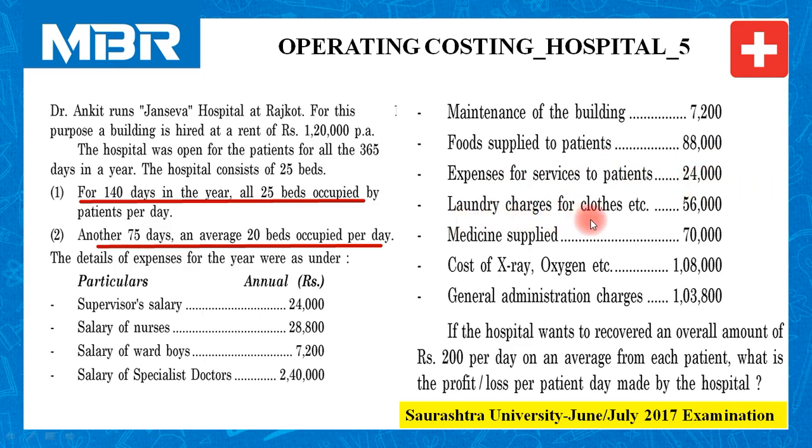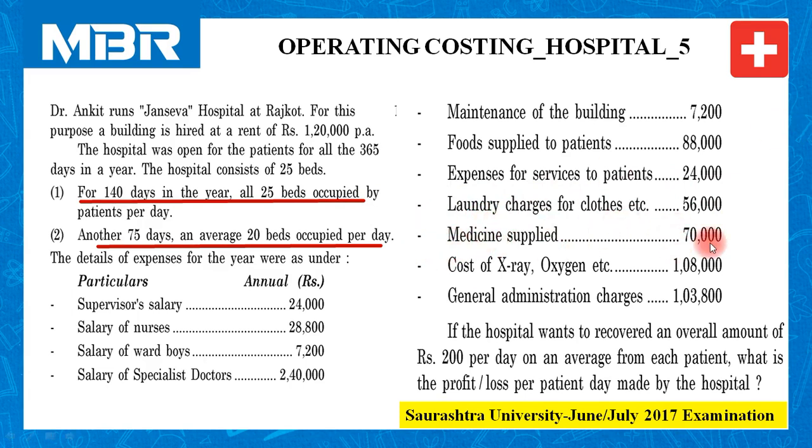Laundry charges for clothes, etc. 56,000. In a hospital and a hotel, both provide services like fresh bed sheets, pillow covers, even towels, napkins, etc. So this is one of the important expenditures in hospitals and hotels as well.